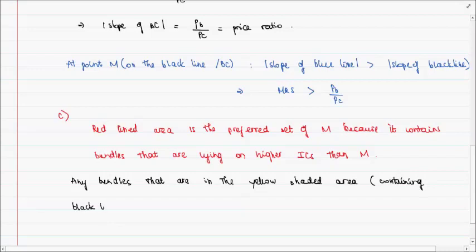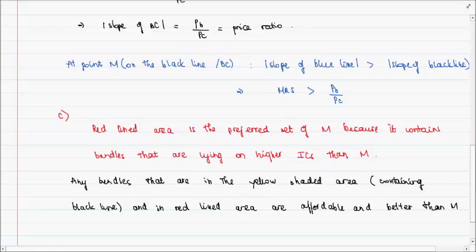Okay, so including the black line, and also in the red line area, is affordable because it's in the budget set, and it's going to be better than M, or give the consumer higher utility.